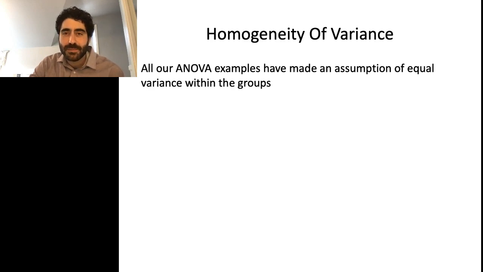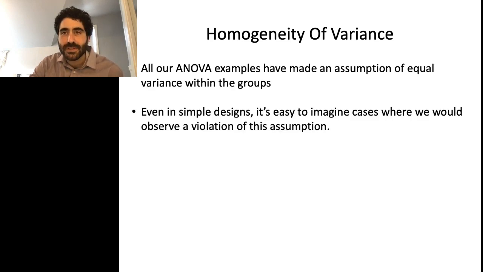I think there was an example in the lab last week where this didn't look like it was true. You could definitely imagine that certain groups might have more variability inside them than others. So for example, if we're comparing a placebo group and a group that's getting some kind of drug, there might be a lot more variability in the drug group because people have different responses to the drug.